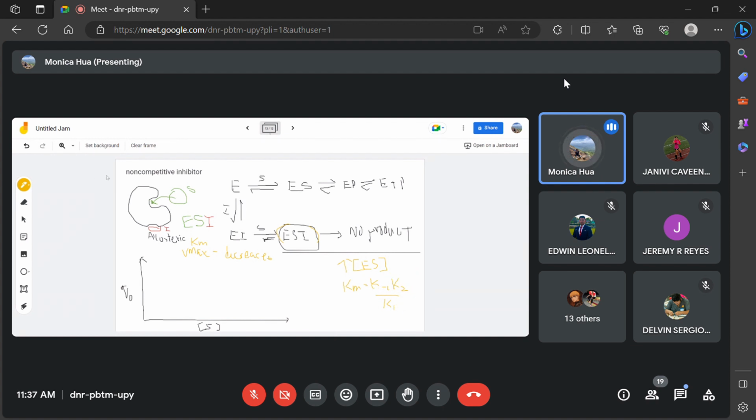So in a non-competitive inhibitor reaction, the Km decreases. So the Km decreases and the Vmax decreases. Both of them decrease.